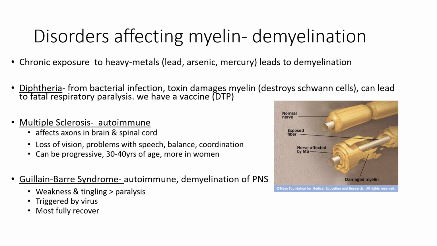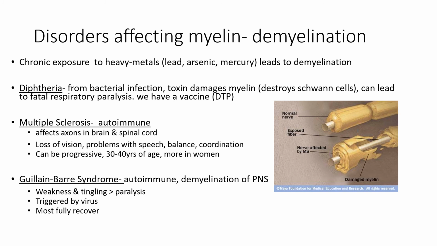Diphtheria, which is a bacterial infection. That bacteria produces a toxin which can damage the myelin and destroy the Schwann cells, and it can actually lead to a fatal respiratory paralysis. This is one of the reasons we have a vaccine now that most children get during their toddler years to help prevent diphtheria. So it's not a common issue in the United States anymore.